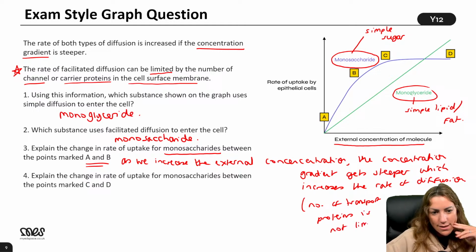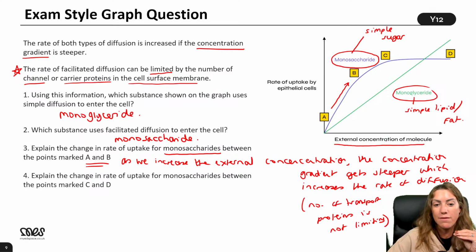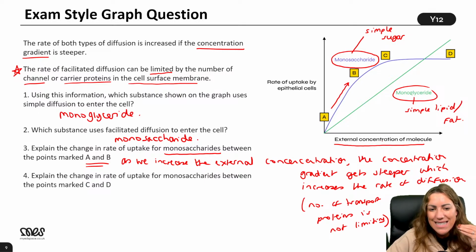Does that make sense? Remember we're looking at A to B here. Between A and B, as you increase the external concentration of the monosaccharide, you increase the rate of diffusion because the concentration gradient is getting steeper. At this point, the number of transport proteins is not limiting the rate. They're not a limiting factor at that point.